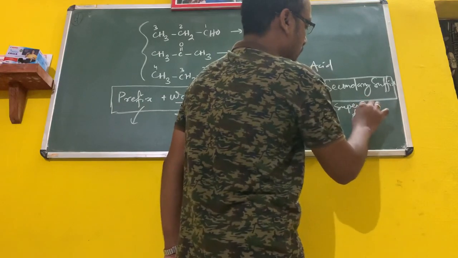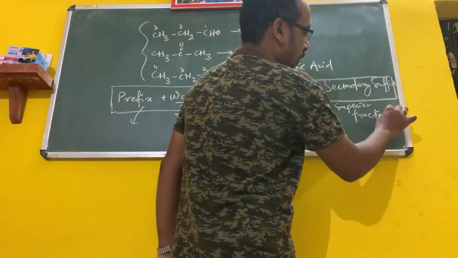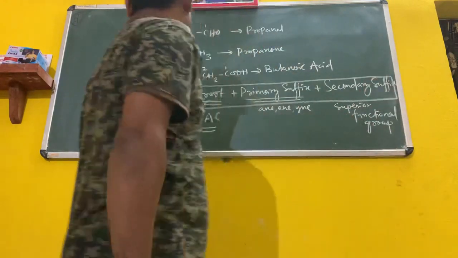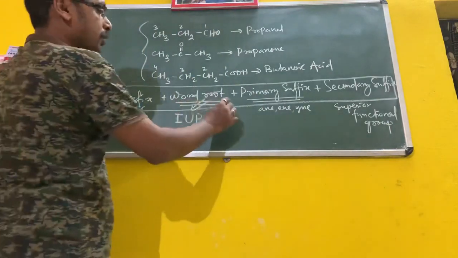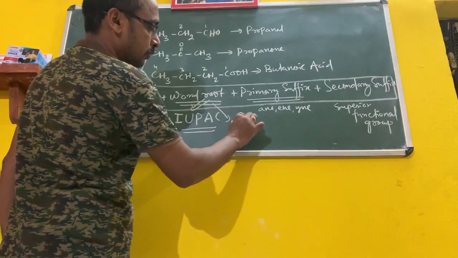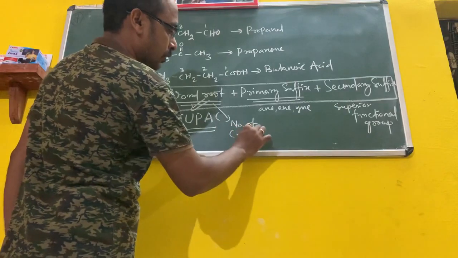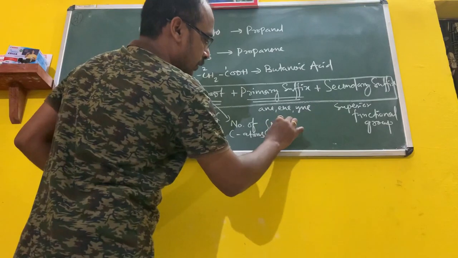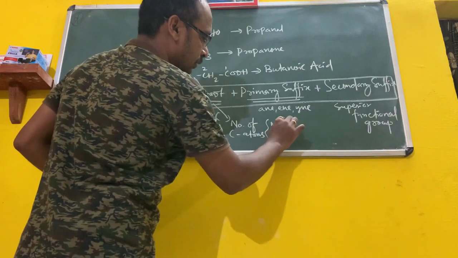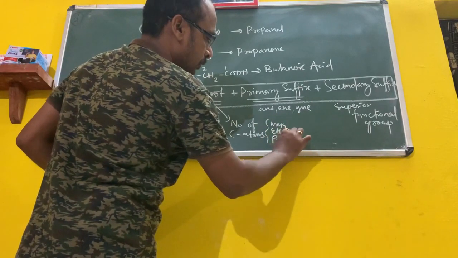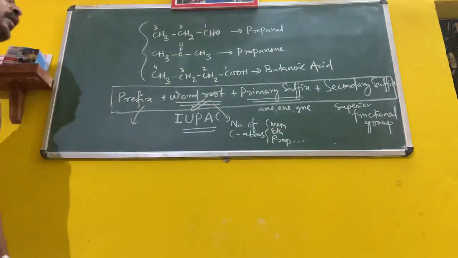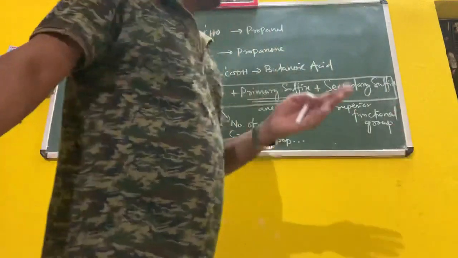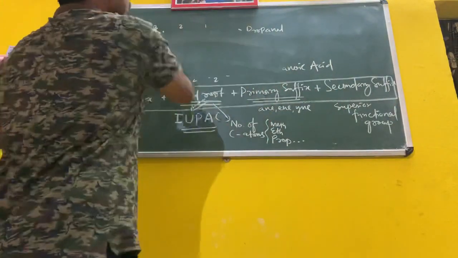The number of carbon atoms is denoted as meth, eth, prop, and so on. So we'll see this formula and how I can write the IUPAC name of different compounds.